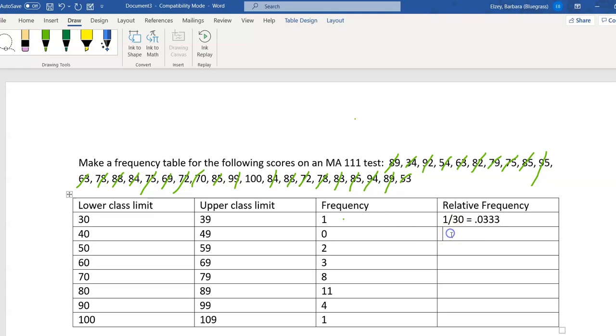All right, now there's none that scored in here, so we can put 0 there. 2 out of 30 is going to be 0.0667.